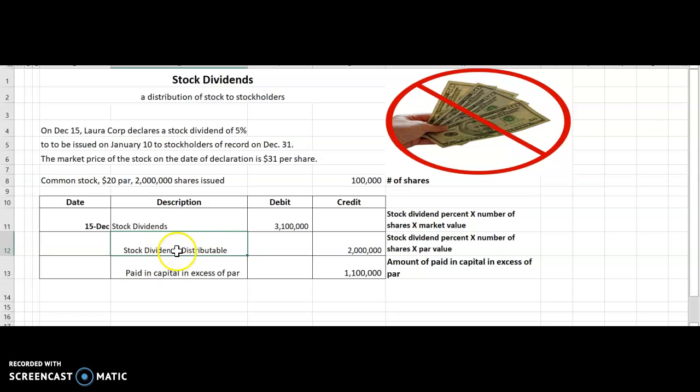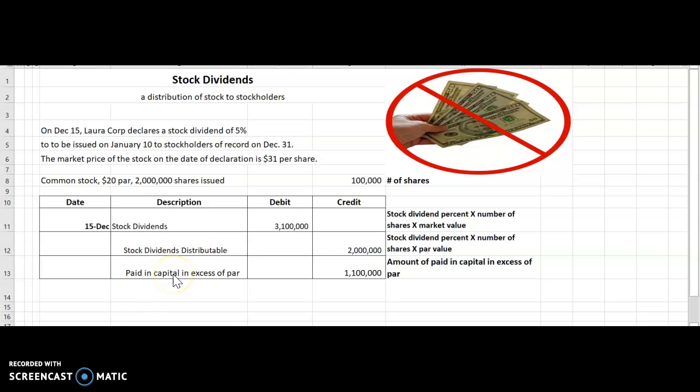Notice this entry looks a lot like what we do when we issue stock, except this is going to change to common stock, and this is paid-in capital in excess of par. When we issue stock, we credit common stock and we credit paid-in capital in excess of par. So this part right here looks just like what we do when we issue stock, and that's because we did issue stock. We issued stock as a dividend.